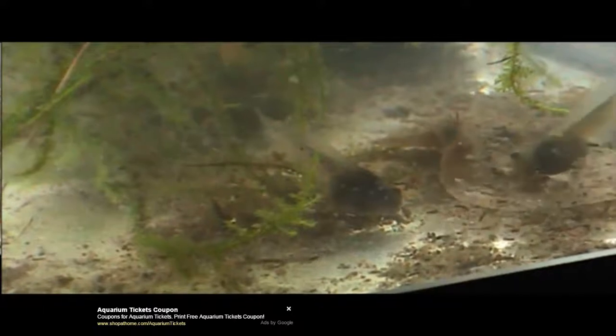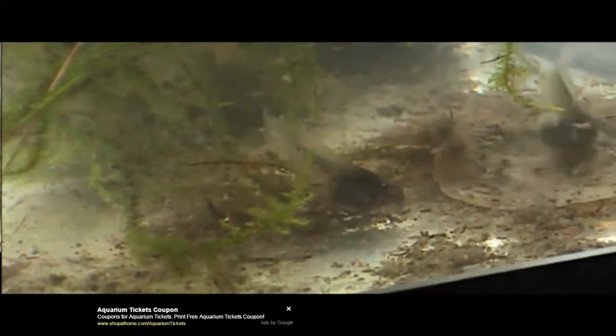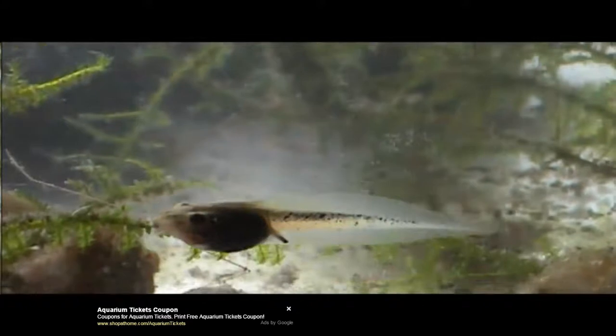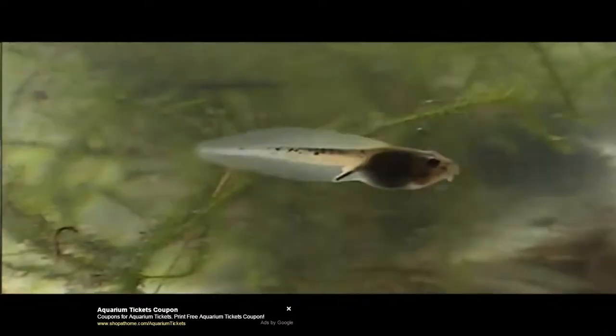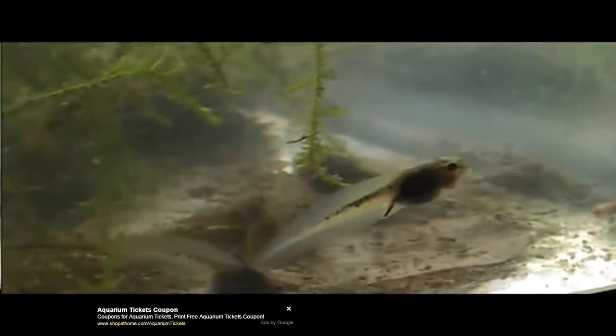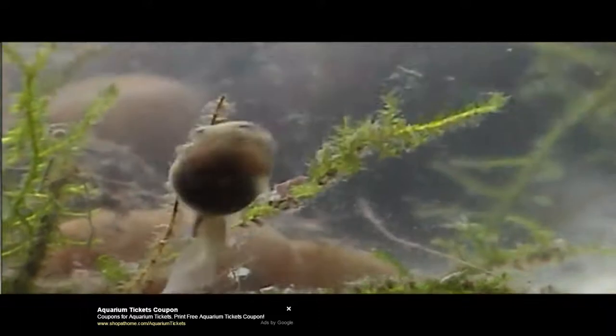I also want you to think about writing down what you're seeing that is going on right now. What do you notice that is going on? Okay, hopefully by now you have written down a couple of things that's going on in our fish tank.